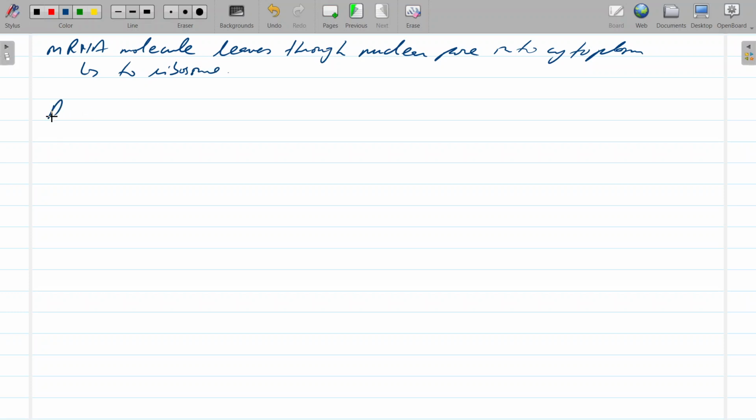right? And so it attaches to the ribosome, and is read, right? And the proper term for that is translation. So it is translated, right?